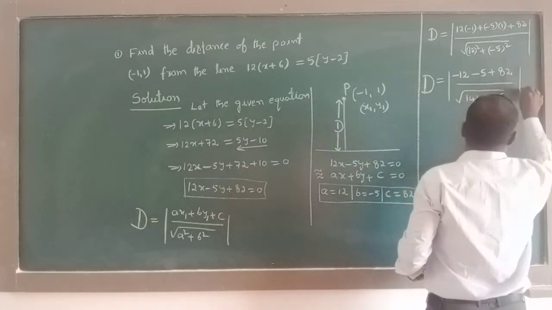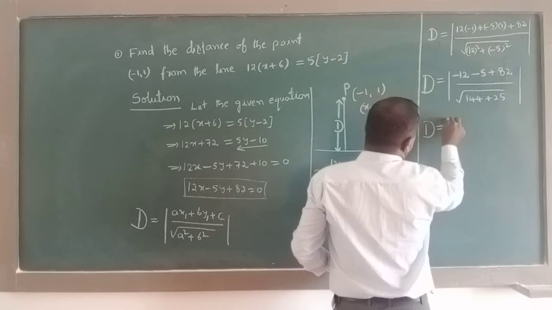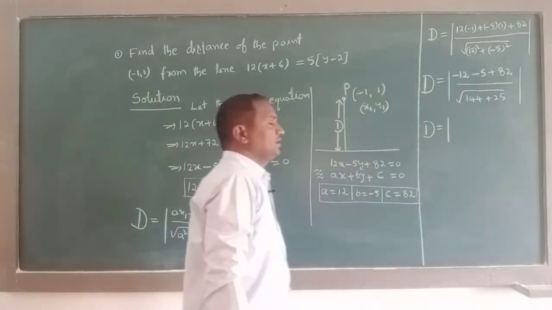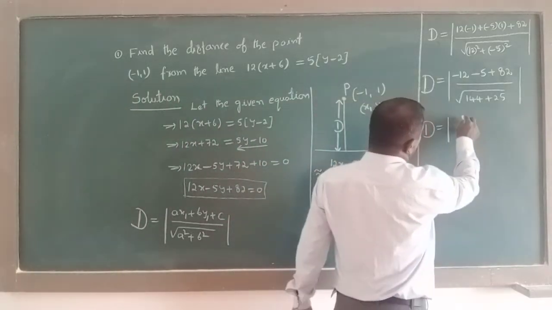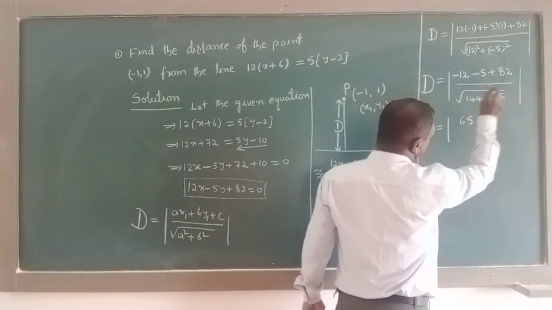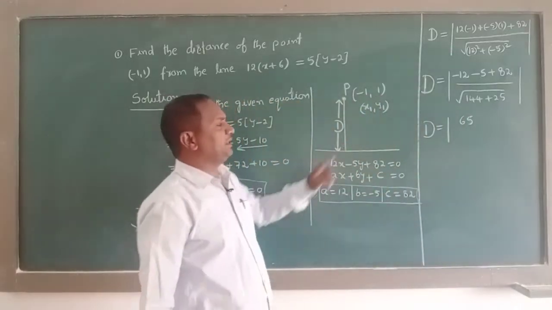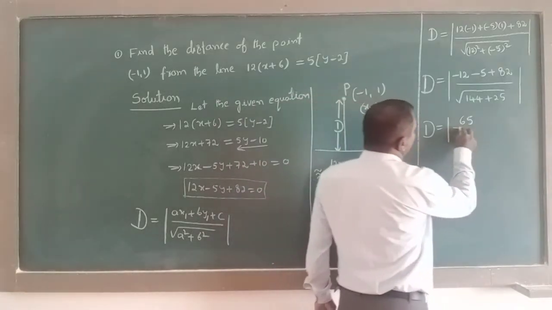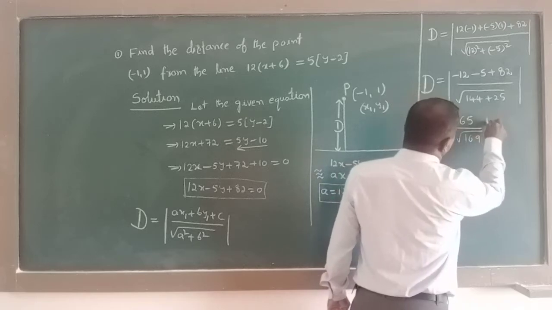D is equal to 82 minus 17. 82 minus 17 will get 65, because 12 plus 5 is 17, whole divided by square root of 169.